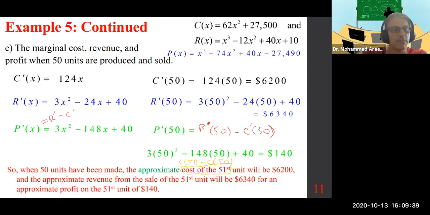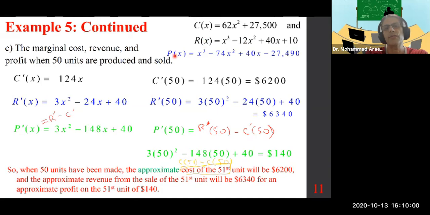In other words, you can go to this formula, plug in 51, and then we've already calculated 50 from the previous page. Their difference is almost the same. You can do the same thing for the revenue, R of 51 minus R of 50. For the profit, P of 51 minus P of 50, and you get these two numbers respectively. When I say these two numbers are close, it's because that's an approximation. I highly recommend you do this on your own and compare.